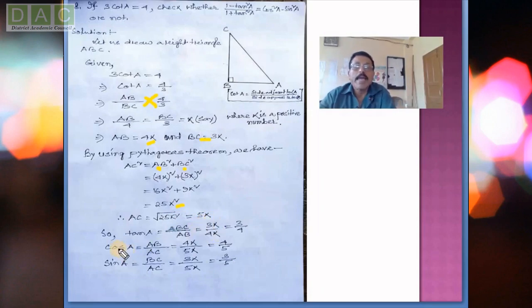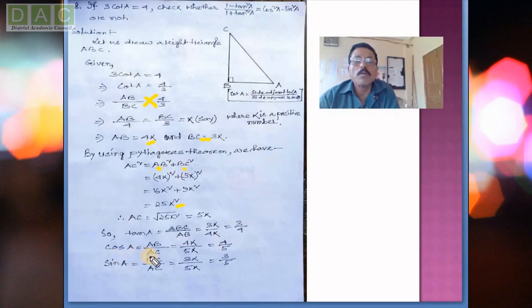Now tan A equals BC by AB, same as previous one: angle A's opposite side by angle A's adjacent side. So put the value, 3K by 4K, it is 3 by 4.